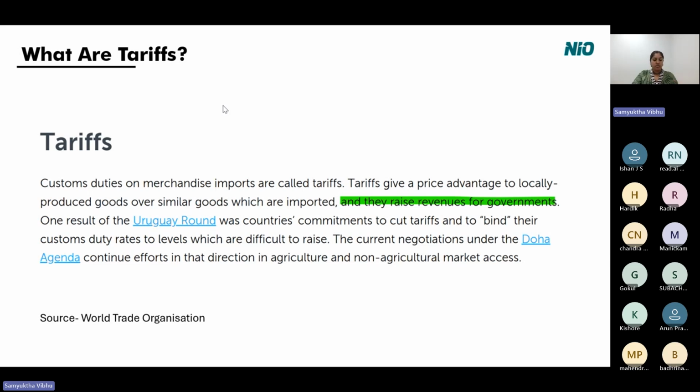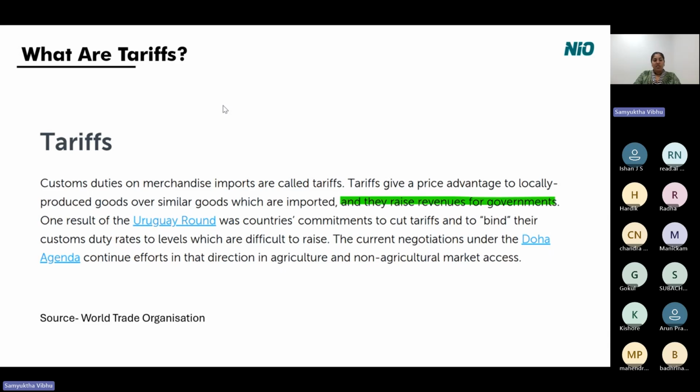And Uruguay Round was actually quite effective in bringing down the tariff rates on agricultural as well as industrial goods. So, over a period of 7, 8 years, they were able to eliminate tariffs on certain industrial goods altogether. So, there was a gradual tapering down on the tariffs there.